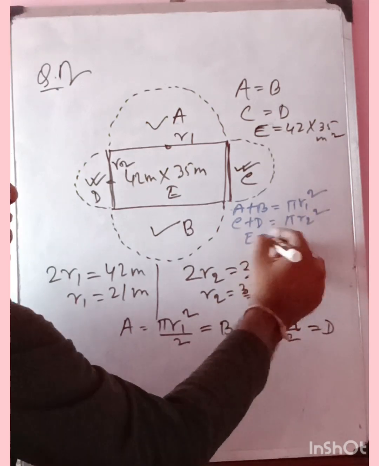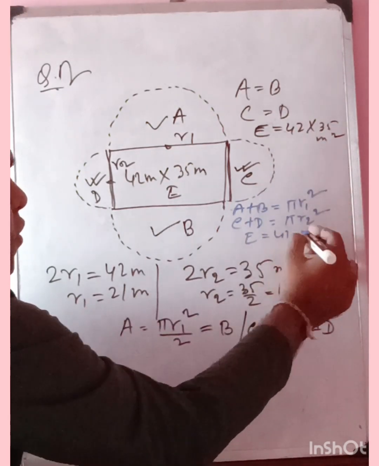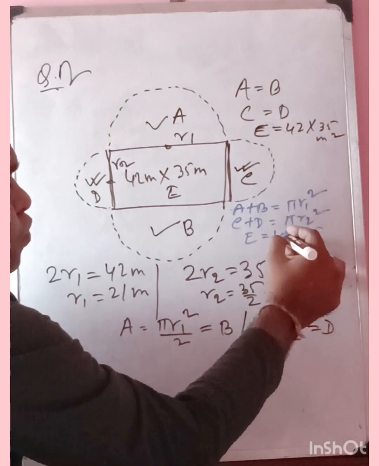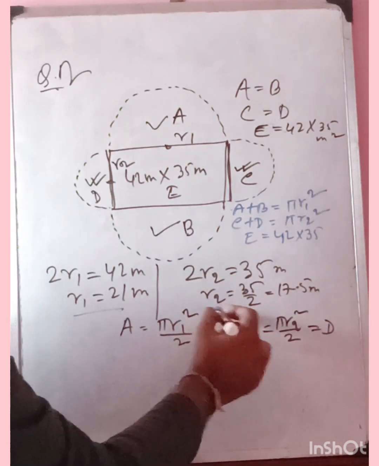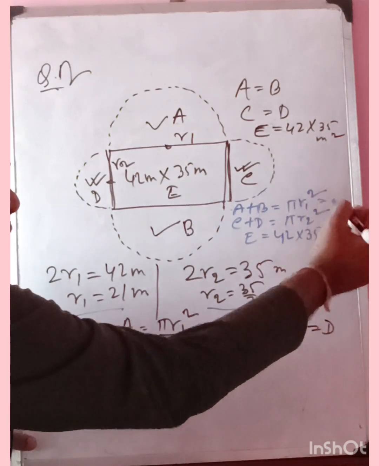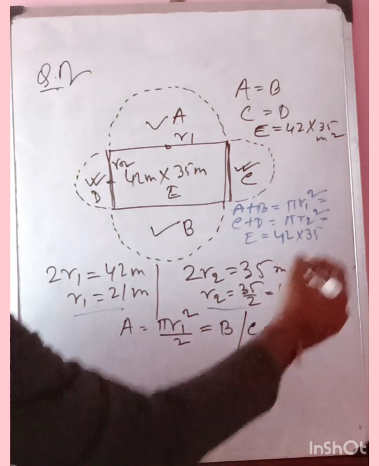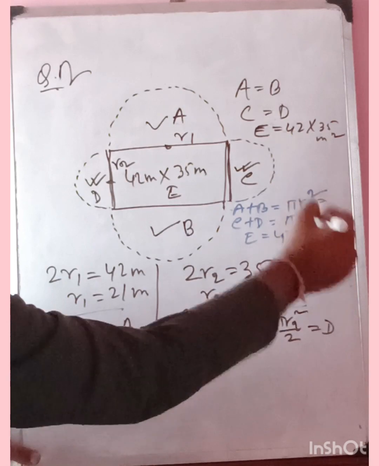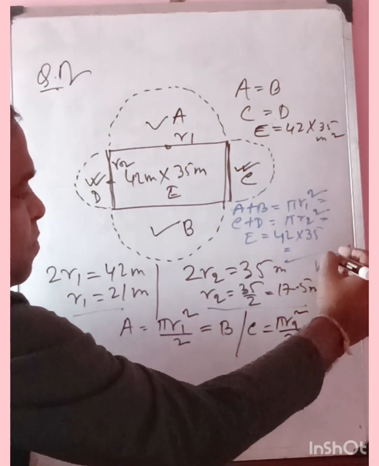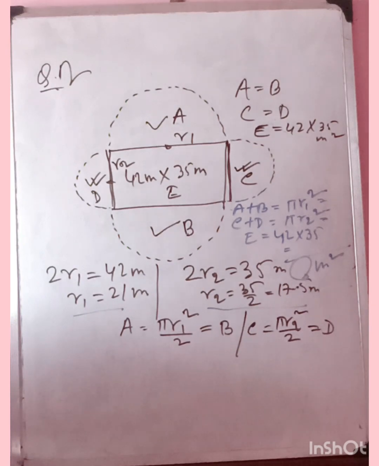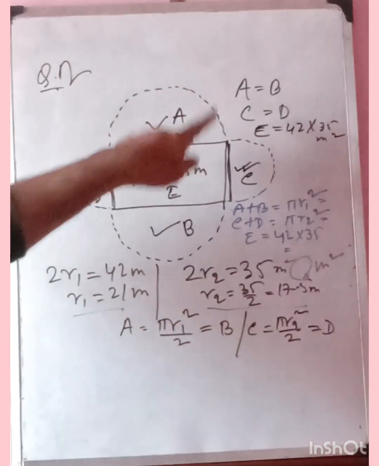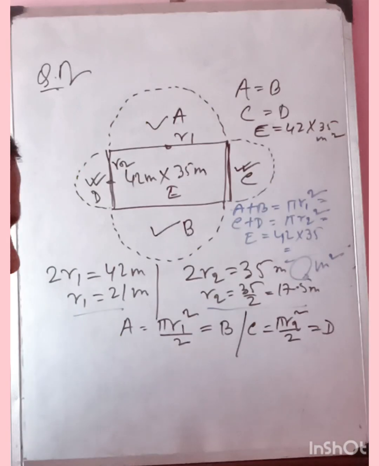And E is already found, 42 into 35. Put the value of R1, put the value of R2, find out this value, compute this and add. So such meter square is your answer. Got it? You can easily compute.